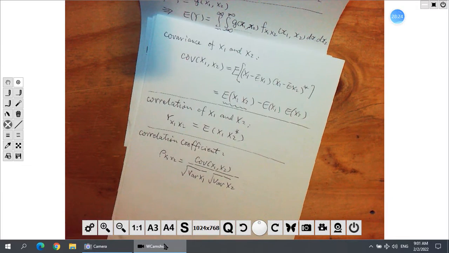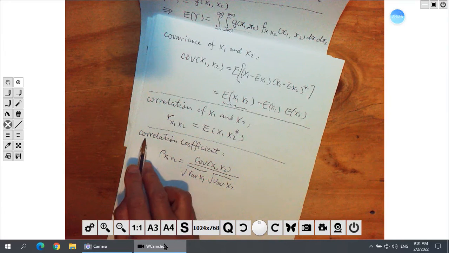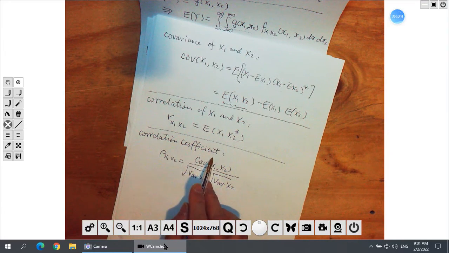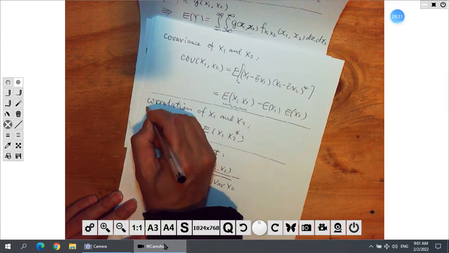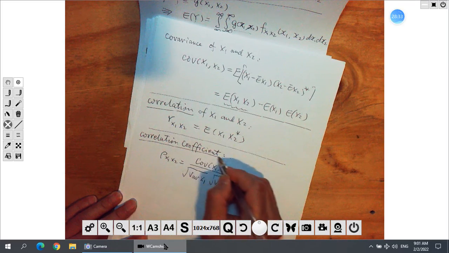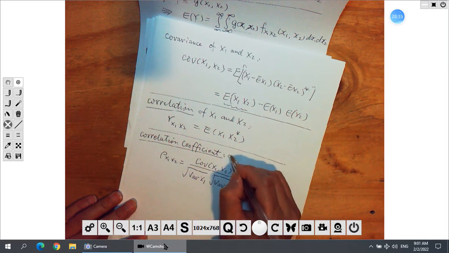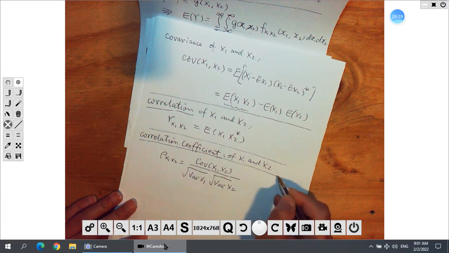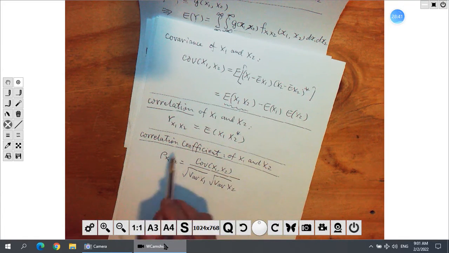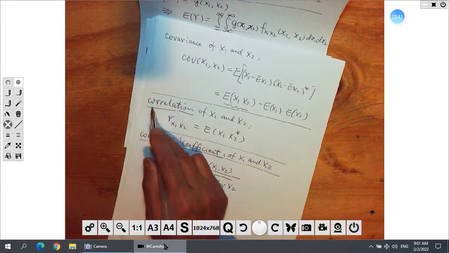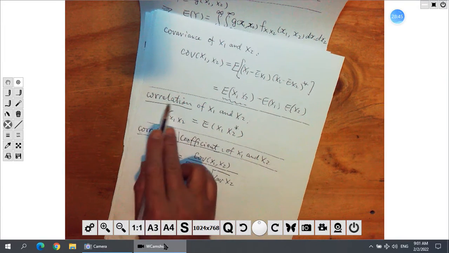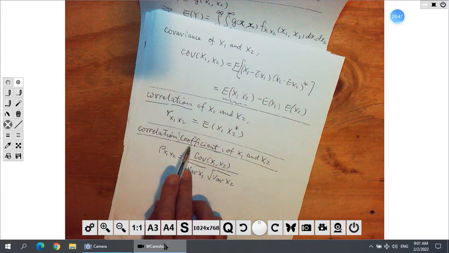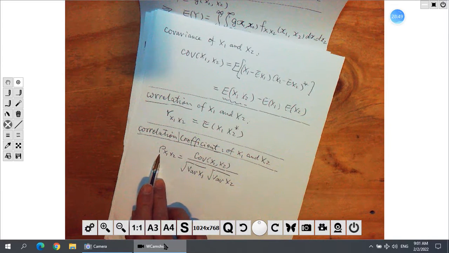We have this. This is the correlation coefficient. The names, you see, these two are somehow confusing. You should remember which is which, because they have a common part. Both are correlation. This is just correlation, but this is the correlation coefficient. The rho is the correlation coefficient.